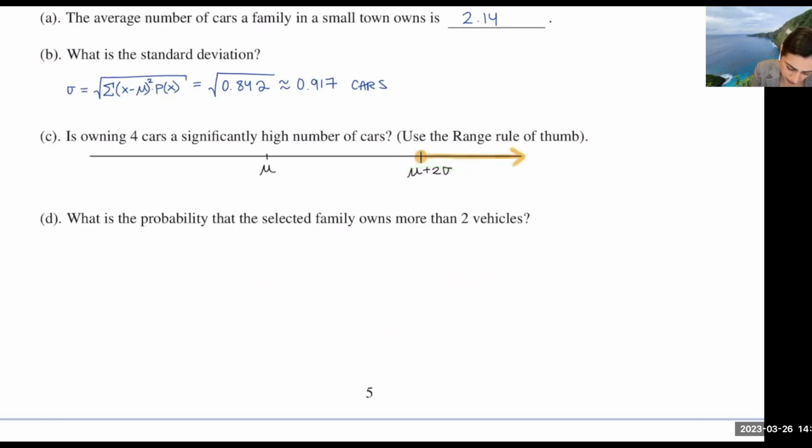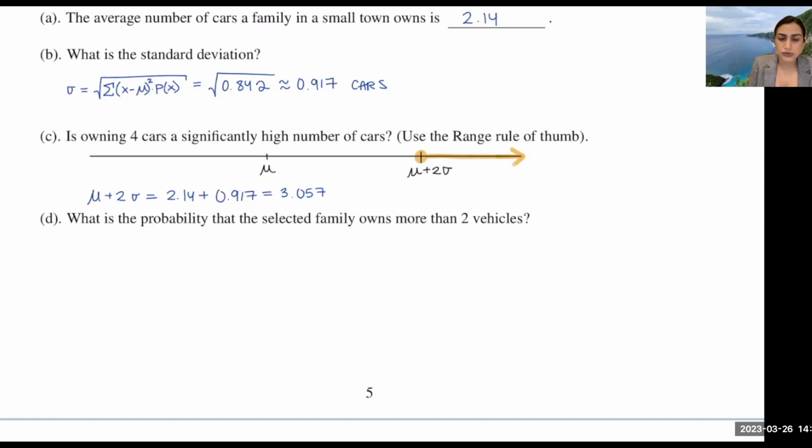Okay, so let's go ahead and find mu plus 2 sigma. And so that's going to equal 2.14 plus 0.917, and this is going to equal 3.057.